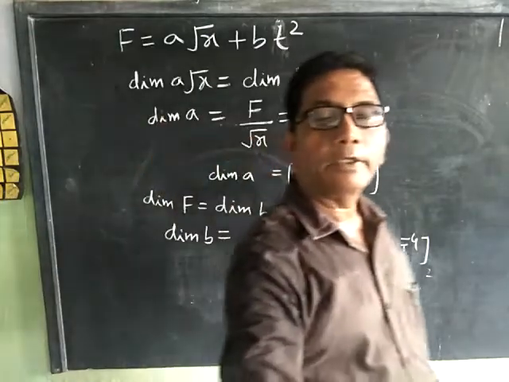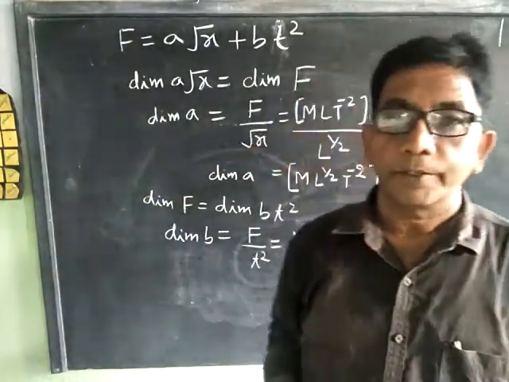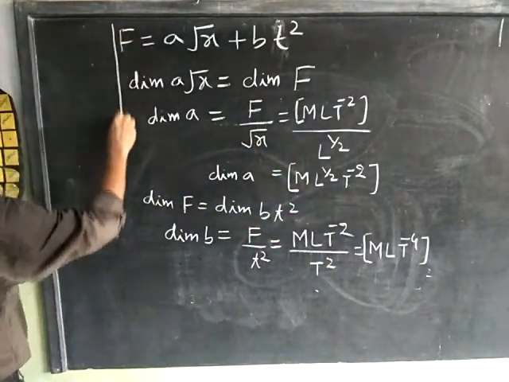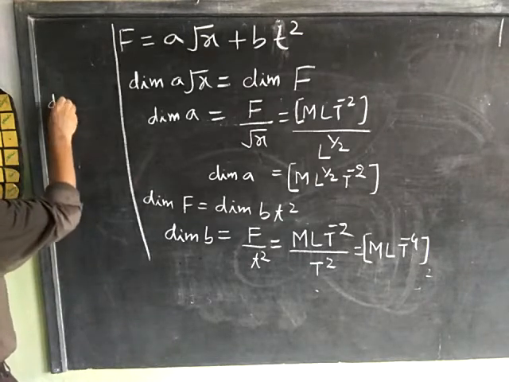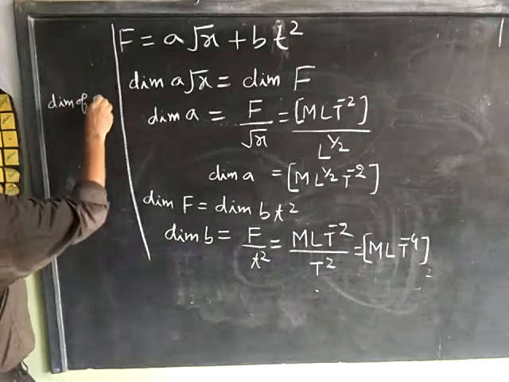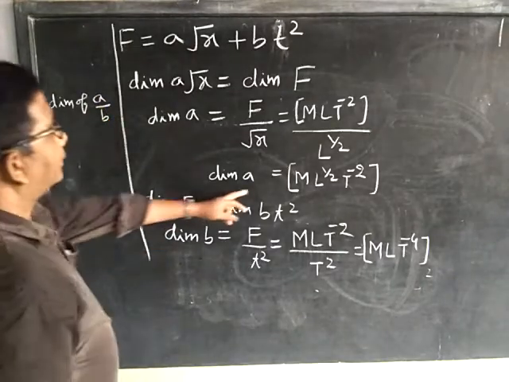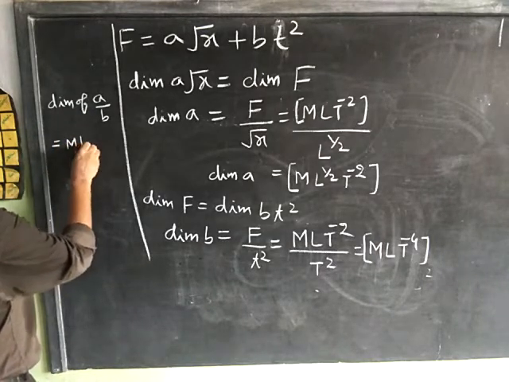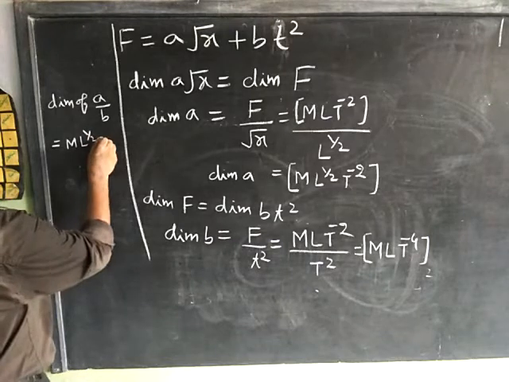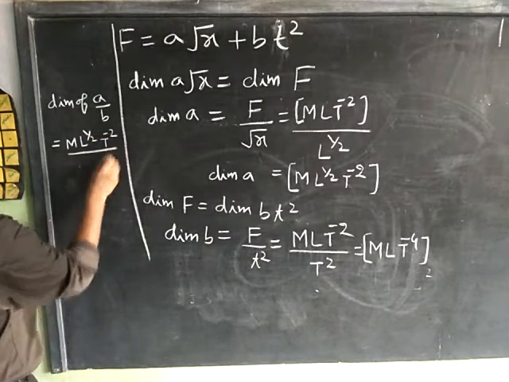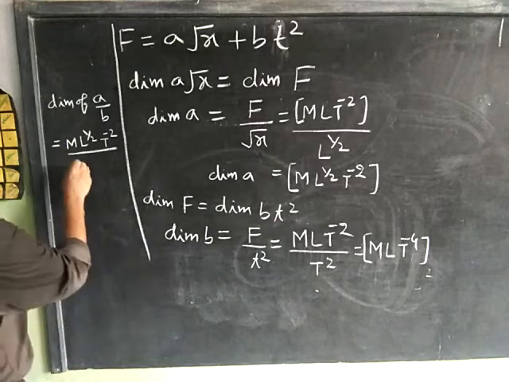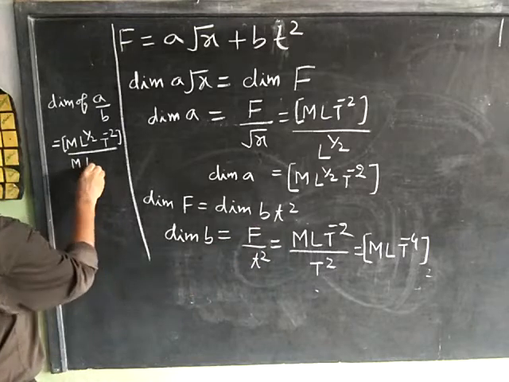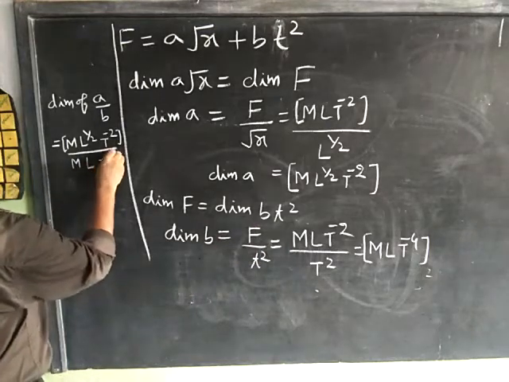But in the question you have to find dimension of A upon B. Dimension of A upon B. Dimension of A, M L power 1 by 2 T power minus 2, upon B, M L T power minus 4.